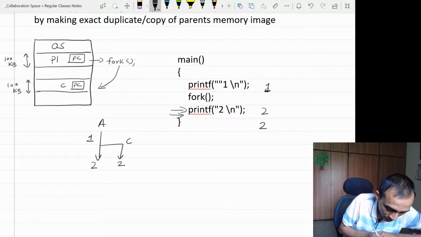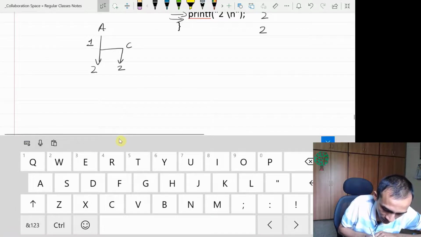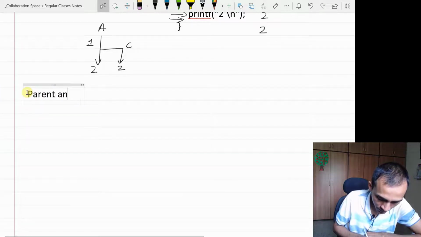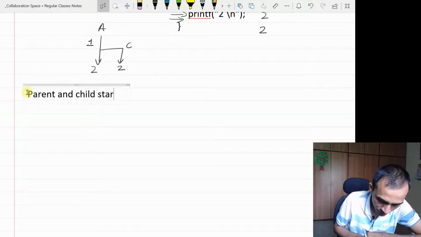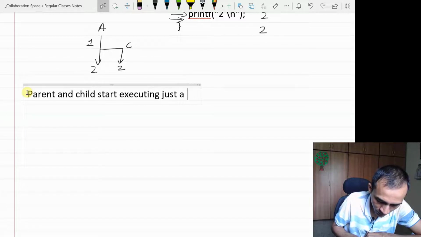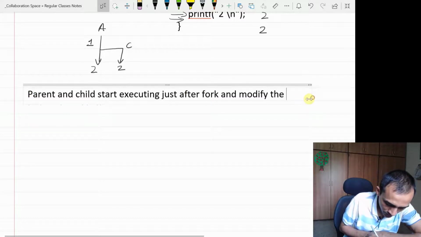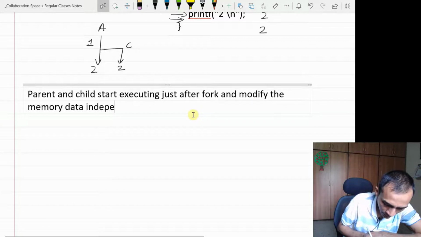What I have basically told is that parent and child start executing just after fork and modify the memory data independently.